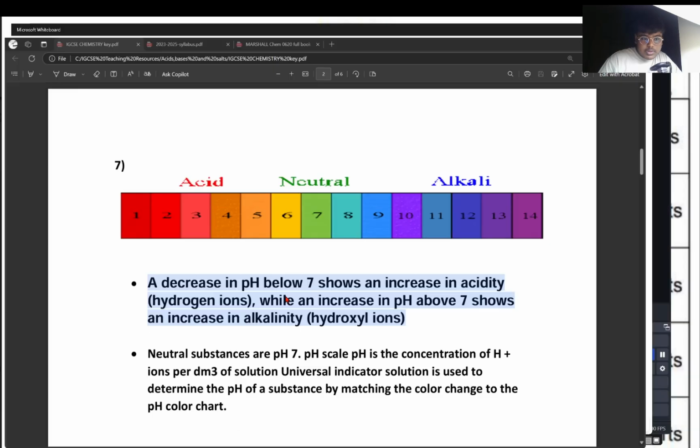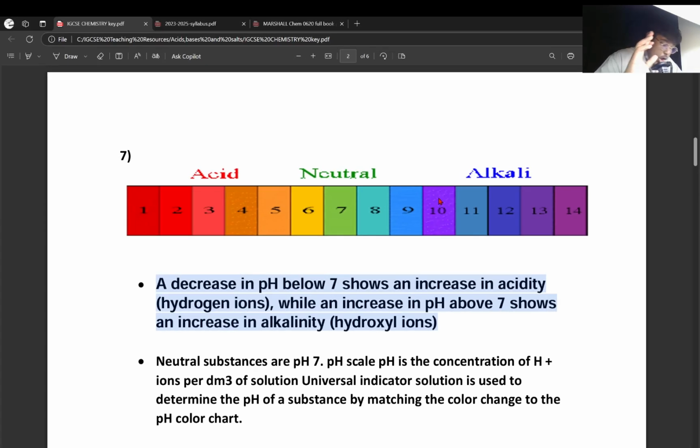Your important thing, your pH reading. This is something I took from my IGCSE book. Here you can clearly see pH 7 is neutral. Anything below 7 is considered an acid. Anything above 7 is considered an alkali.